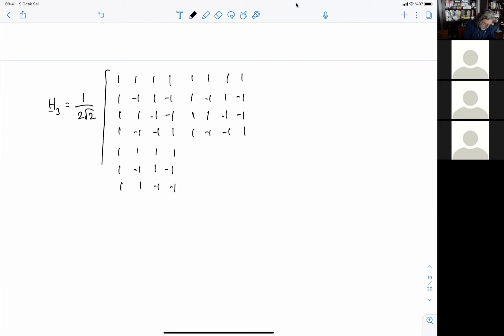It's a tedious thing, I know. 1, minus 1, minus 1, 1. And the last bottom right corner is just the negative of this 4 by 4 thing, which makes minus 1, minus 1, minus 1, minus 1, minus 1, 1, minus 1, 1, minus 1, minus 1, 1, 1, and minus 1, 1, 1, minus 1.